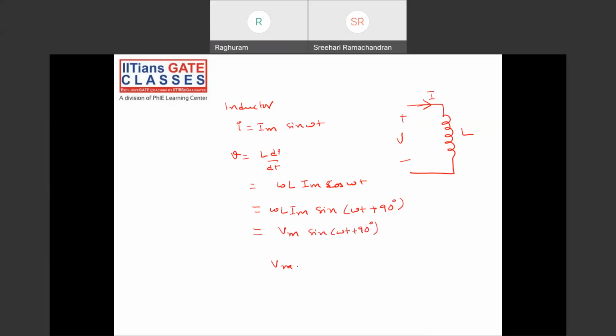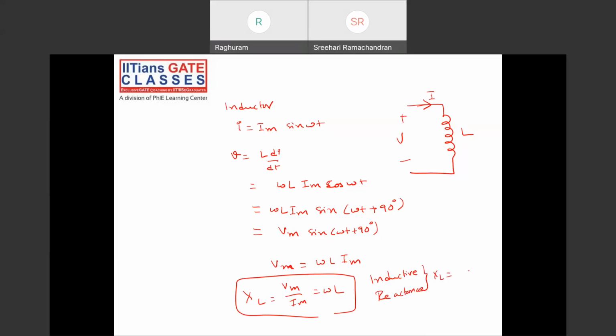So what is Vm? Vm is equal to omega L Im, or Vm by Im is called XL, which is nothing but omega L. This is called inductive reactance. XL is equal to omega L or 2 pi FL.